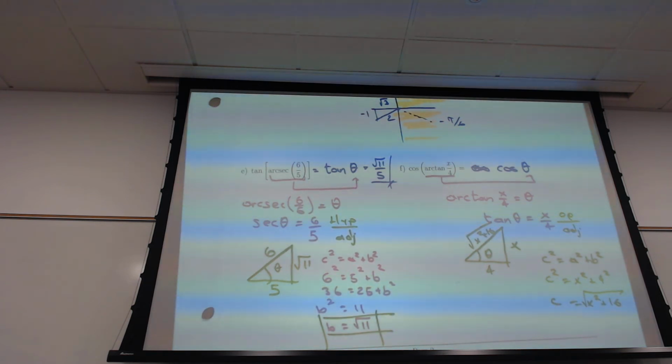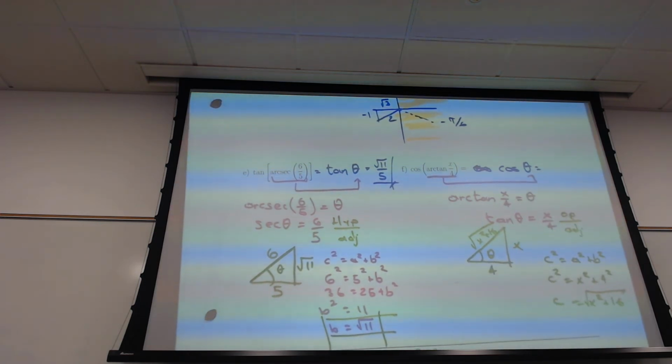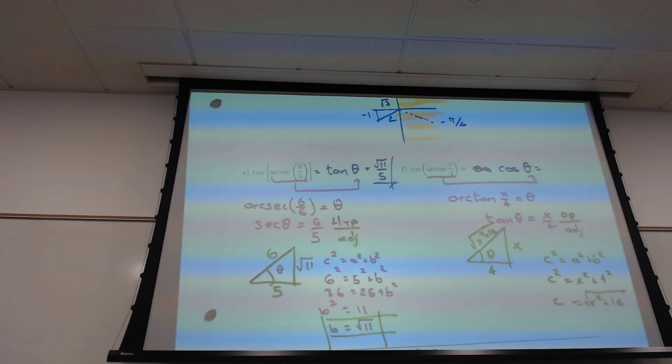And you might ask yourself, why are we doing these compositions? I mean, they make sense because we're using SOHCAHTOA, the Pythagorean theorem, and the triangles. But these are going to come up later when it comes to trigonometric substitution. When we evaluate these kinds of integrals, we need to have it really sharp.